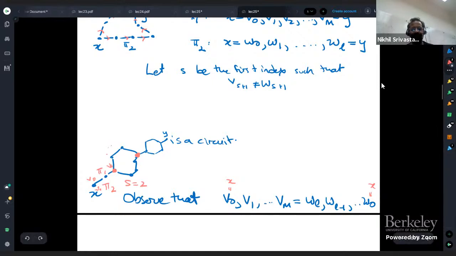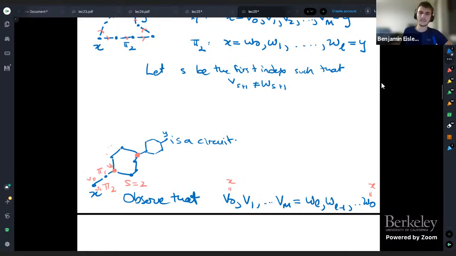So again, how should we formalize that? Any thoughts? We could maybe let I be the first index after S, such that V of I is equal to W of I for some, or sorry, W of J for some J. Exactly.